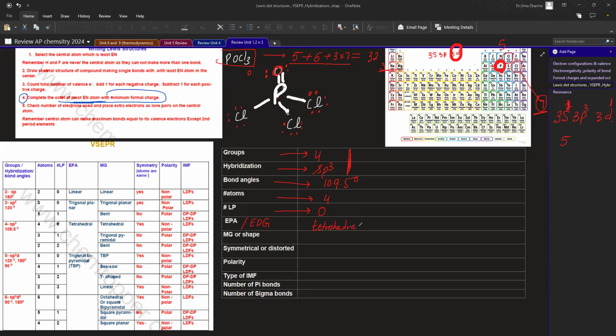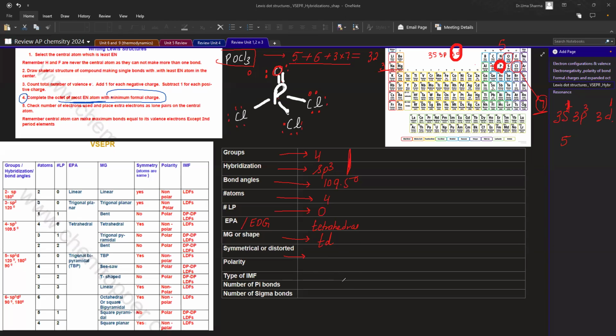Okay. Molecular geometry or the shape. Do you have any lone pair on P? No. So what's the molecular geometry? Tetrahedral, which I'm writing as TD. Is it symmetrical or distorted? Is this molecule, Nivitri, symmetrical or distorted? Yes, Sanjana, good. It's distorted. Why? Because atoms are not identical. You can say not symmetrical, right?